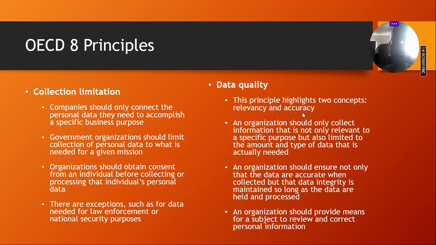They ask you to submit your utility bill. They want to check whether your address corresponds. So they verify somehow. They want to know whether the information you are giving them is accurate. Number one is relevancy, and number two is accuracy. So for information to have high quality, it must be relevant to the purpose and accurate for the reason why it's being collected.